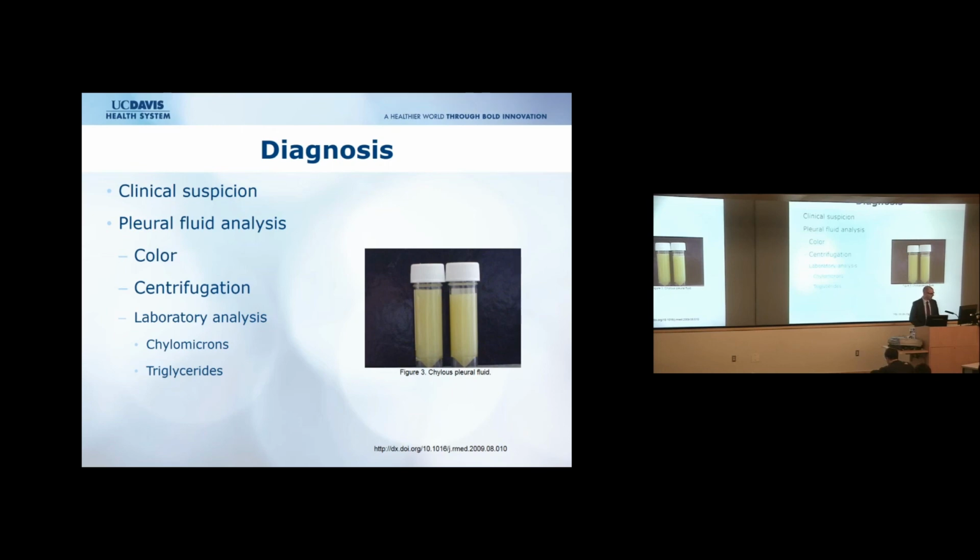So, although color can help you make the diagnosis, other lab analysis such as centrifugation, which in chylothorax would not change, whereas in other conditions, like pseudochylothorax, for instance, you would develop a meniscus and a change in the fluid type.